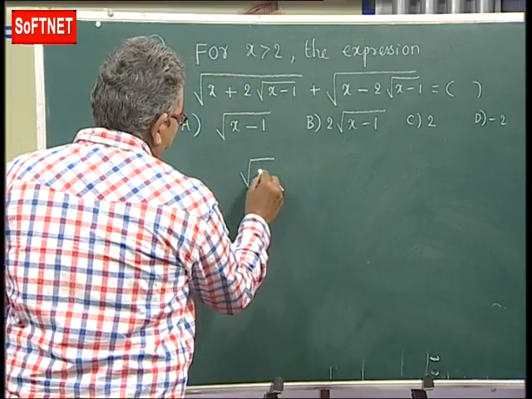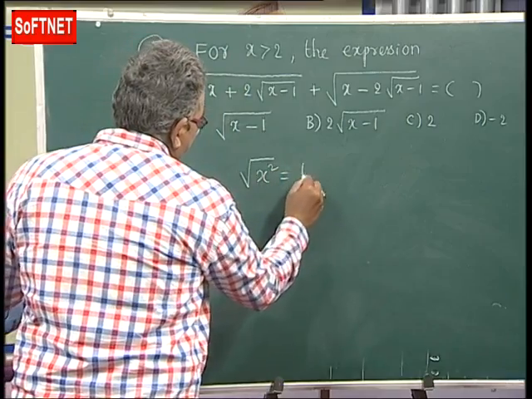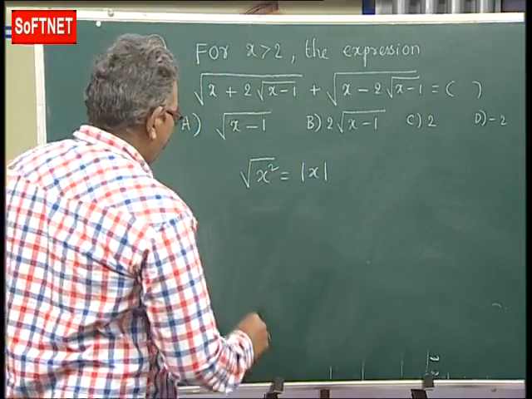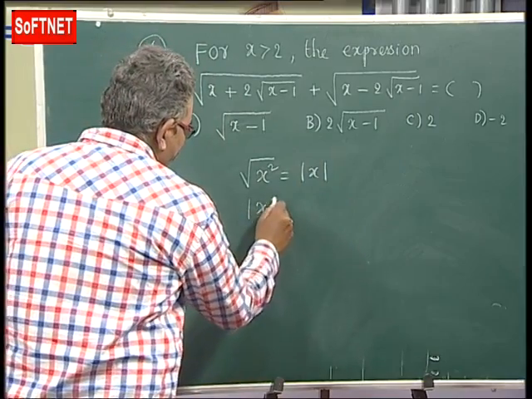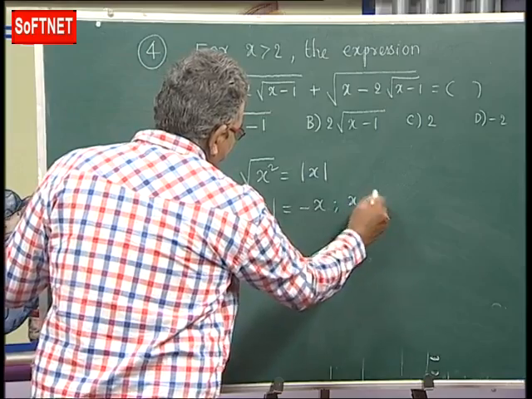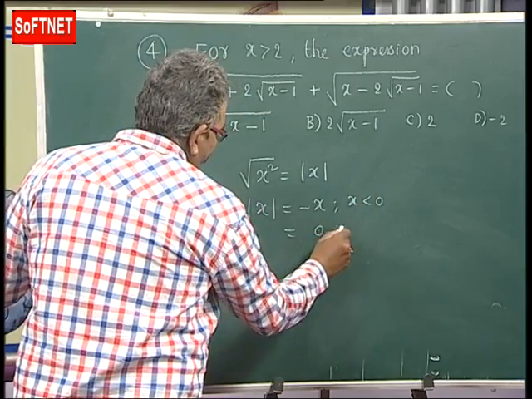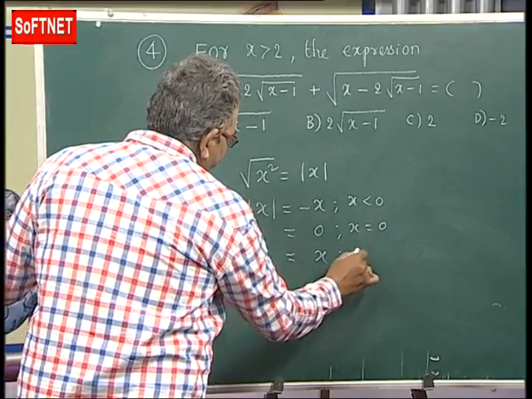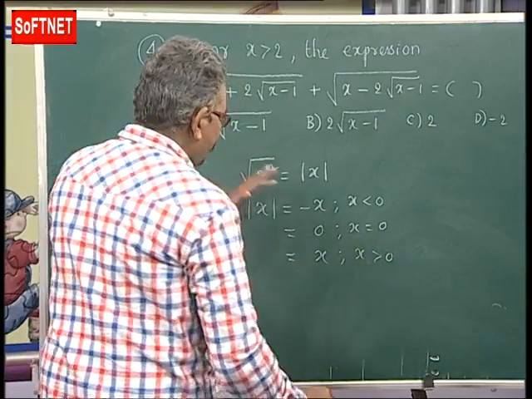Root over x square is mod x. We know the mod x definition: mod x is defined as minus x when x is less than 0, equal to 0 when x is equal to 0, and equal to x when x is greater than 0.